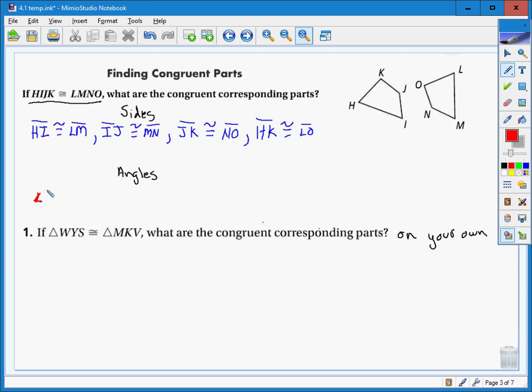Angle H would be congruent to angle L. Angle I would be congruent to angle M. Angle J congruent to angle N. And last but not least, angle K is congruent to angle O.